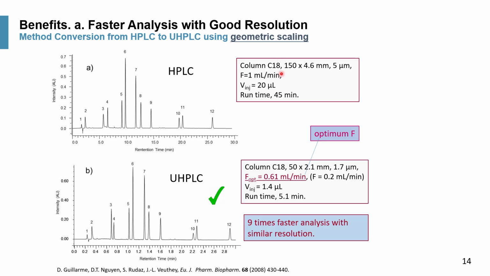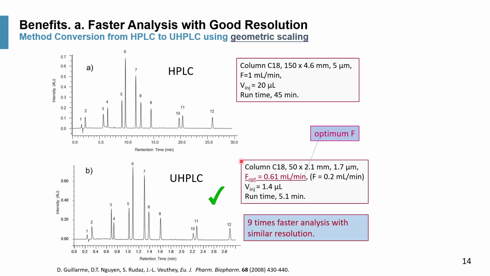So one used a C18 column, 15 centimeter long, very typical of an HPLC system and column, packed with 5 micron material. The optimum flow rate is 1 mL per minute for this column. The injection volume is 20 microliter, and runtime is about 45 minutes. So this is a very typical gradient separation of 12 drugs.